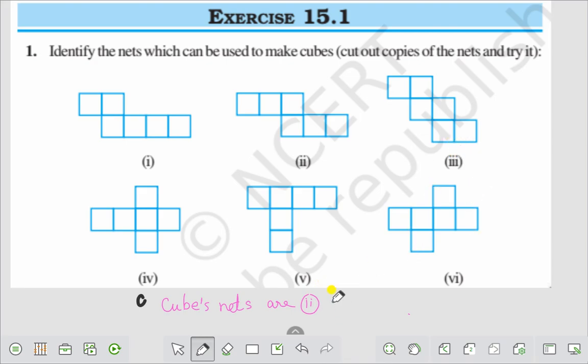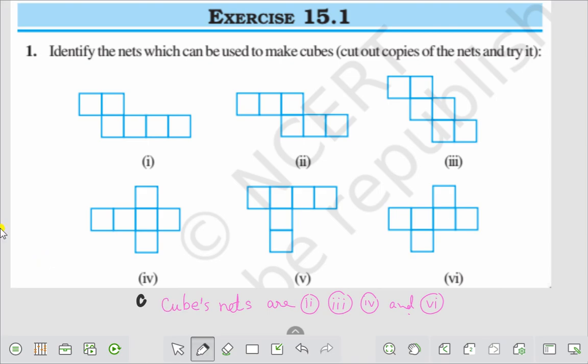From this you can also make a cube. This 3, 4, with this also 4. So 2, 3, 4, and with 6 we can make a cube out of this net, right?